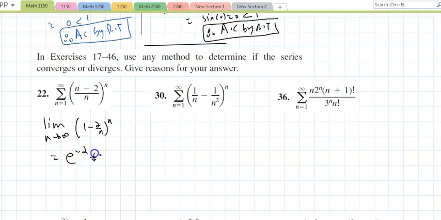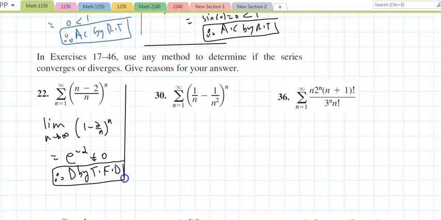Which does not equal 0. Therefore, this series diverges by test for divergence. When do you use test for divergence? On every series that you see, you attempt to use test for divergence first if you could.